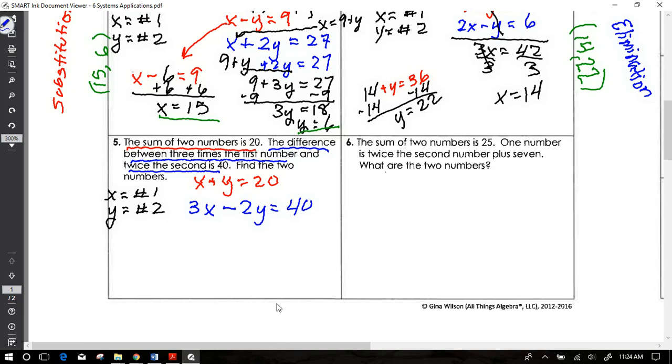Find the two numbers. So for a problem like this, I do want to review with you, how would we make these be a good candidate for elimination? So we're going to do elimination again.